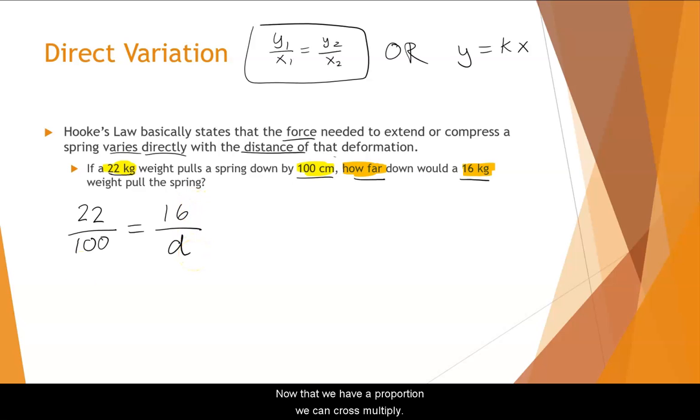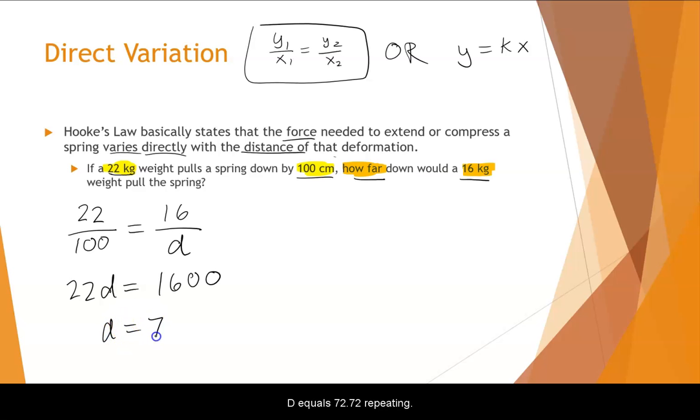Now that we have a proportion, we can cross multiply. 22d equals 1,600. Divide both sides by 22. I got d equals 72.72 repeating, and this distance should be in centimeters.